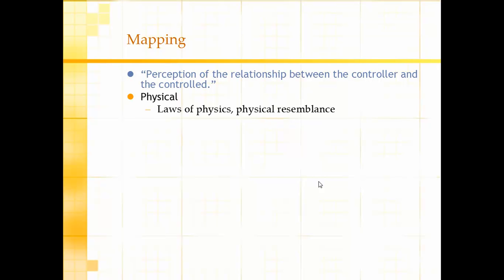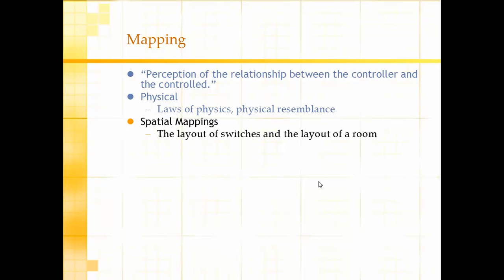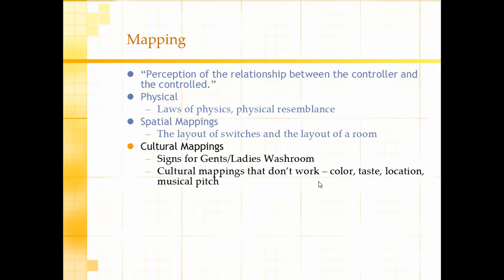You can also use physical resemblance in mapping. Like, the face of a man in front of a washroom will tell that this particular washroom is meant for men. There could be a spatial mapping, like the switches and the layout of a room, from which you can also understand many things.